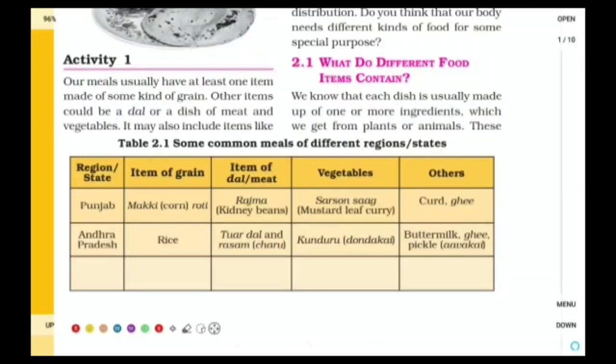But the people of Andhra Pradesh don't eat makka roti. They eat rice, tur dal and rasam, kunduru, buttermilk, ghee, pickle. What people eat always differs from place to place.